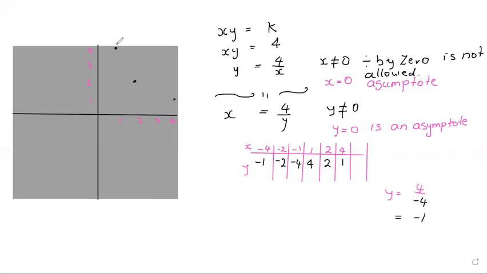Now, if you do that, the same will apply here. Negative 1, negative 2, negative 3, negative 4.